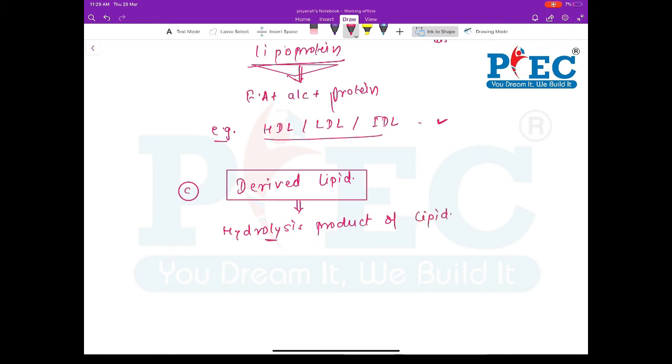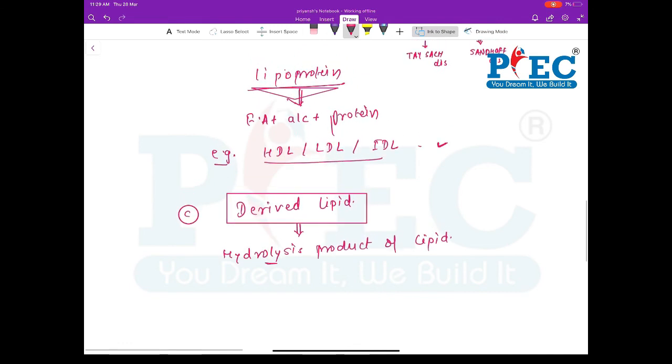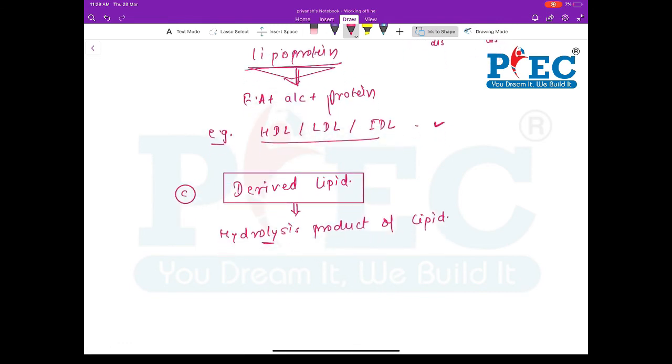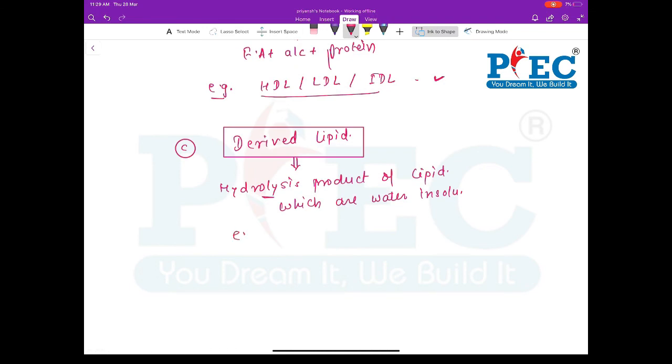Once you do the hydrolysis, whatever water insoluble molecule you generate will belong to this category. So better to say it is the hydrolysis product of lipid which is water insoluble. An example of derived lipid is cholesterol.